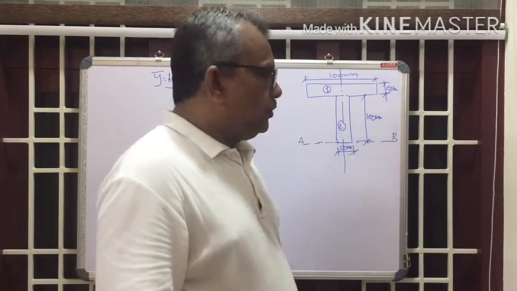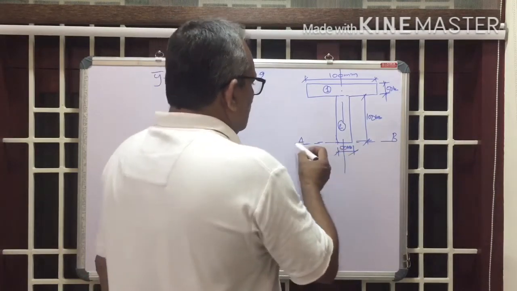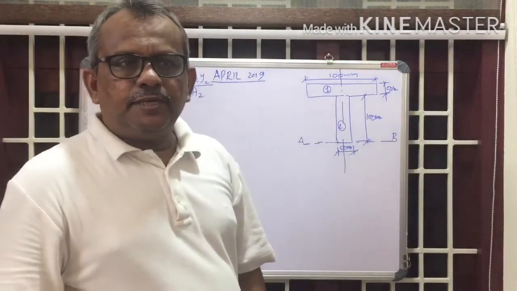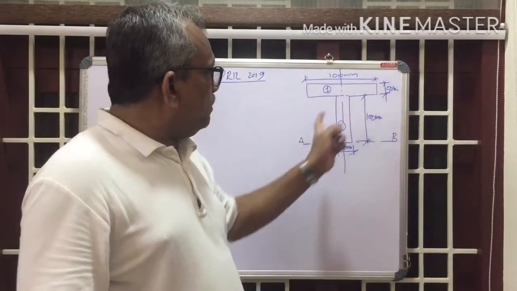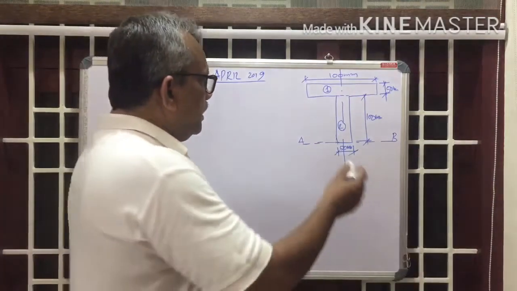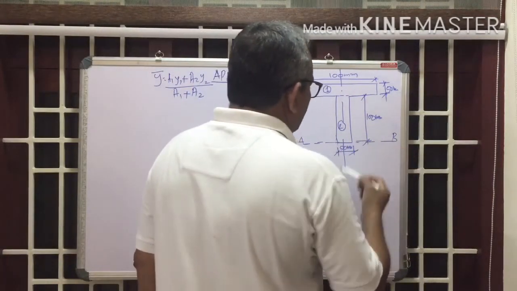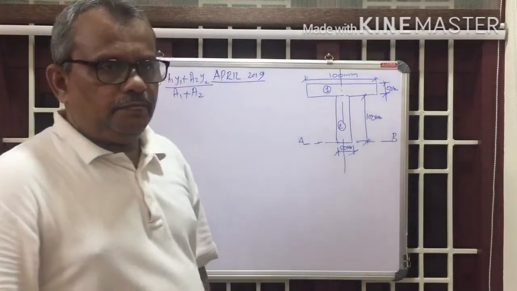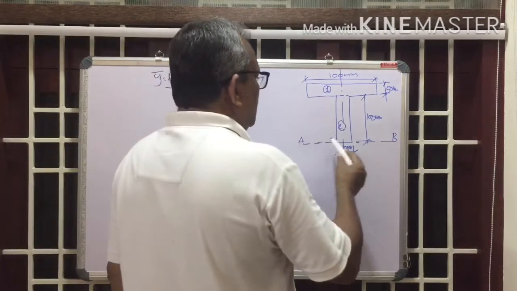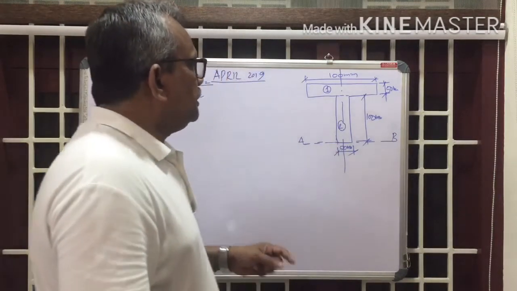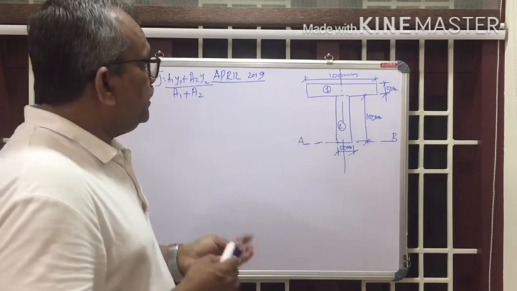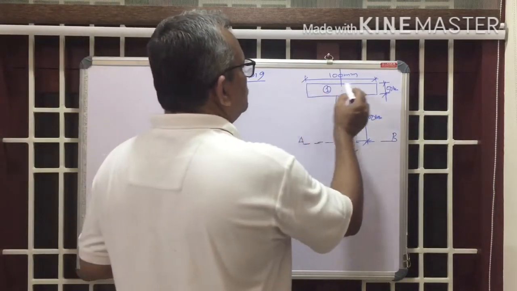Now, as you know, first consider a baseline. Take a baseline either at the top or at the bottom. Here I am selecting a baseline AB at the bottom level. With reference to this baseline, we have to consider Y1 and Y2. A1 and A2 are the areas of these two rectangles.